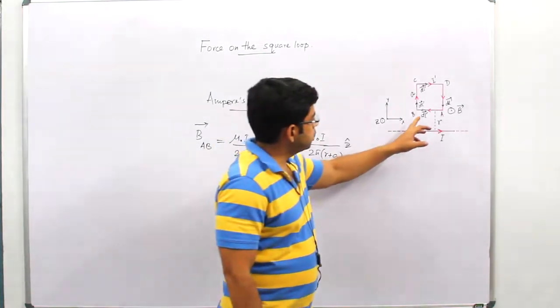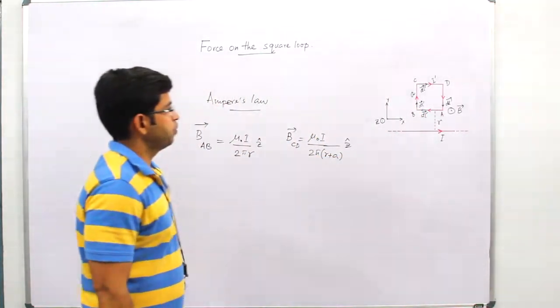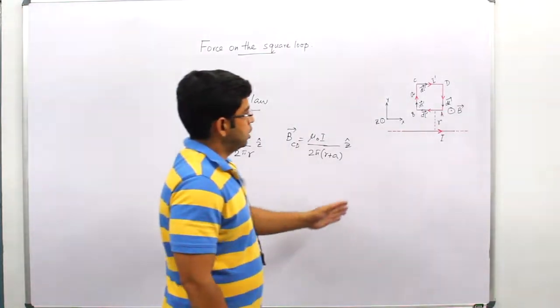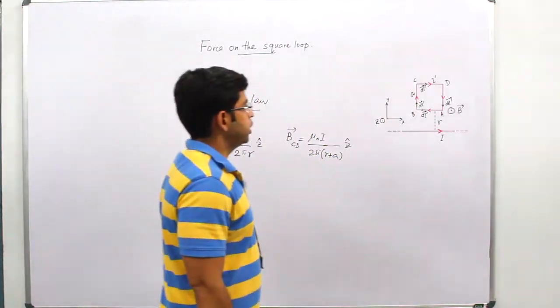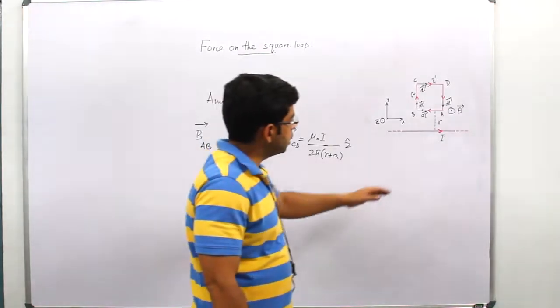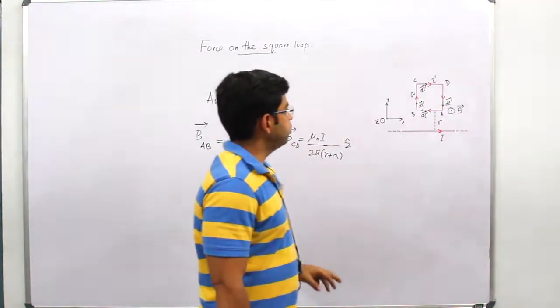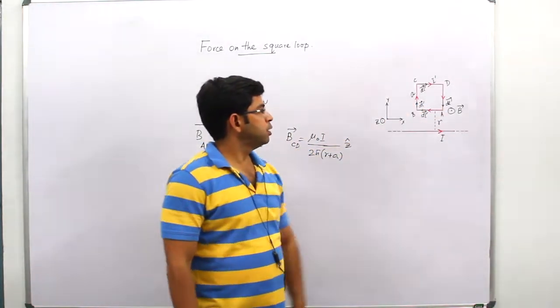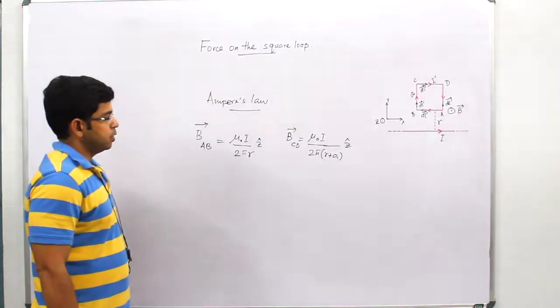First, let us concentrate on the arm BC, which is oriented along the y direction, and we consider a length element dl prime as drawn here on the arm BC.